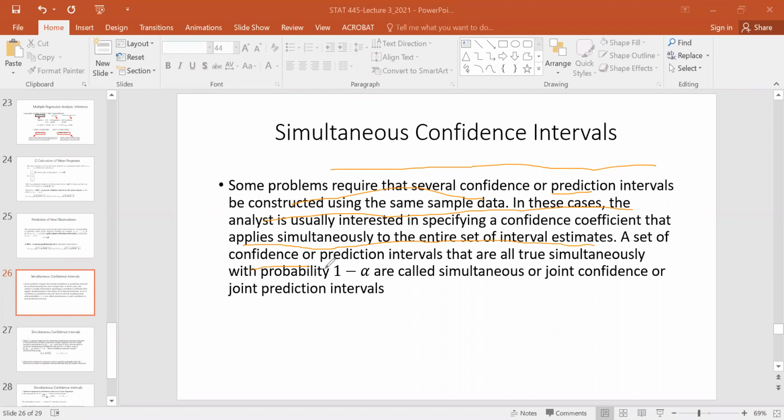A set of confidence or prediction intervals that are true simultaneously, at the same time true. At the same time, that 95%, this is true for beta 0, this is true for beta 1. I've told you if you were to do separate 95%, it can only be 90% true that both are true at the same time.